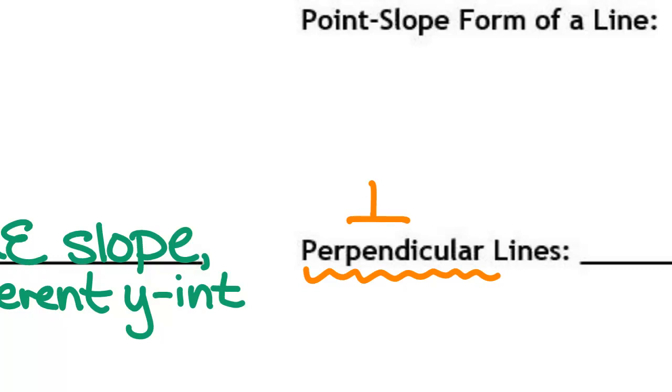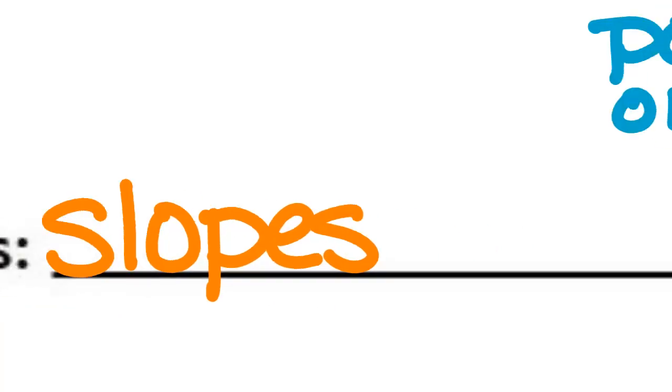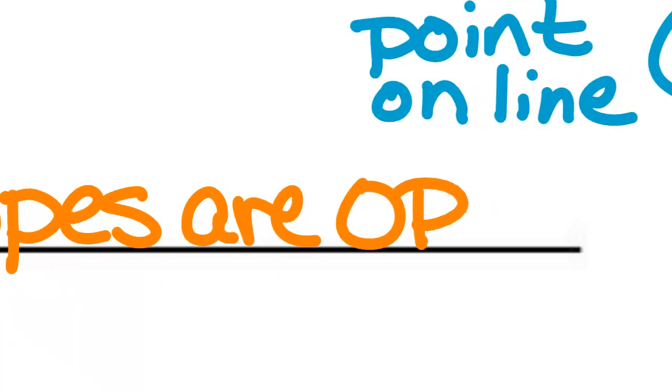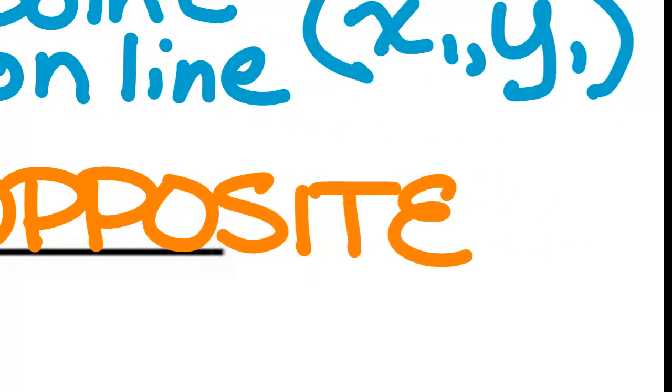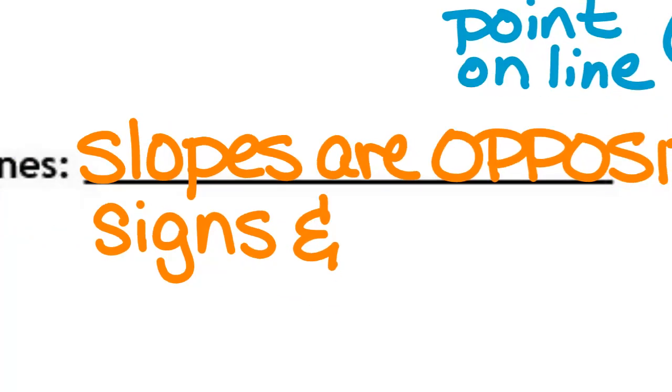Perpendicular lines, on the other hand, the slopes are opposite signs and reciprocals. Slopes are opposite sign and reciprocals.